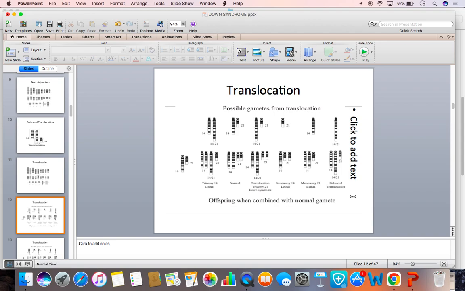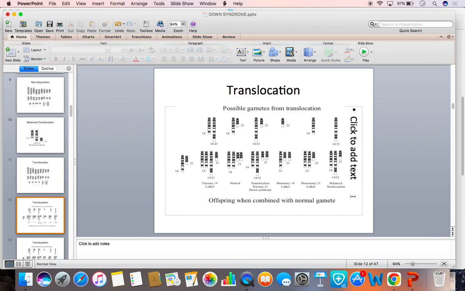The gamete with the 14 and 14 plus 21 will fertilize a gamete with one copy of 21.